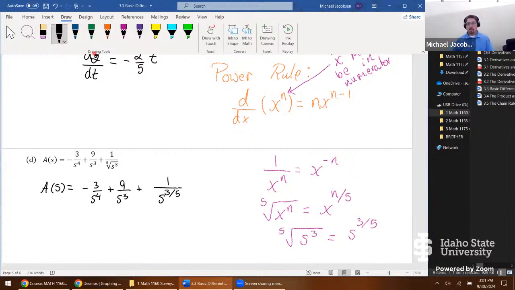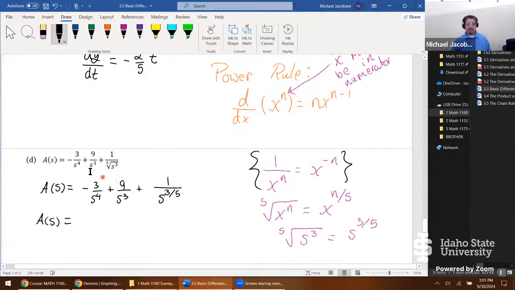Okay, then we have power rule drama where our variable S needs to be in the numerator, much like what we have here, x power n. So now we're using these ideas right here. We can take the whole function and now say A of S equals, if there's a coefficient in the numerator, we just write out the numerator, -3, S to the power of now -4.